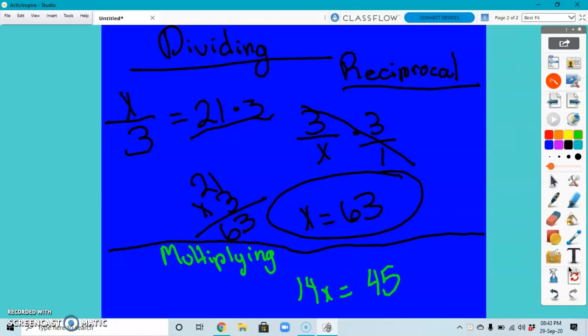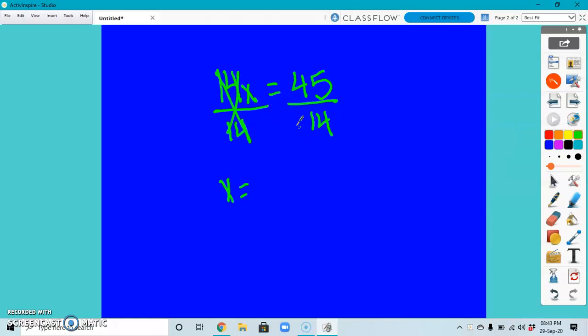Obviously it's going to be a bit bigger, so let me rewrite it. 14x equals 45. So you're going to divide each side by 14. So you cancel this number out. X is all by himself. And probably on this one we might get a decimal, but I'm not sure.